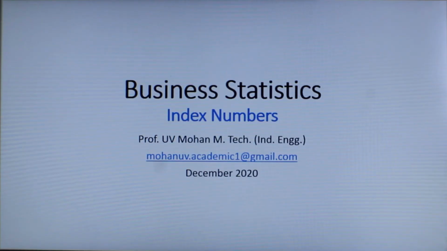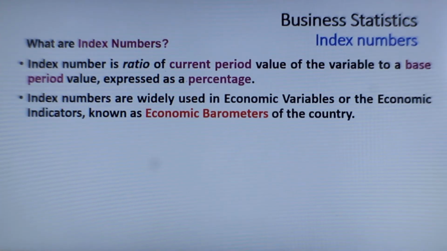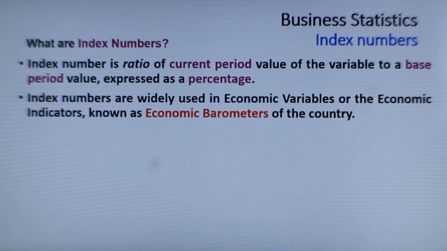Now let us understand index numbers. An index number is the ratio of the current period value of the variable to a base period value, expressed as a percentage. Index numbers are widely used in economic variables or economic indicators, known as economic barometers of the country.